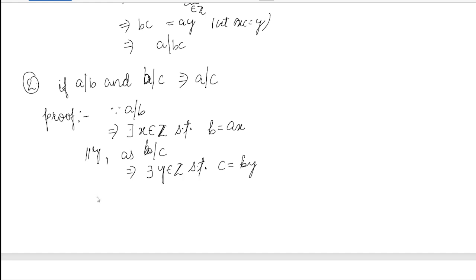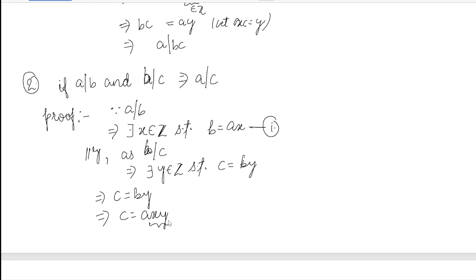हम लोग ऊपर देख रहे हैं c is equal to by. We put the value of b from equation first. This implies c is equal to axy. Since we know that all these elements belong to integer, if x and y belong to integer, then their product also belongs to integer.